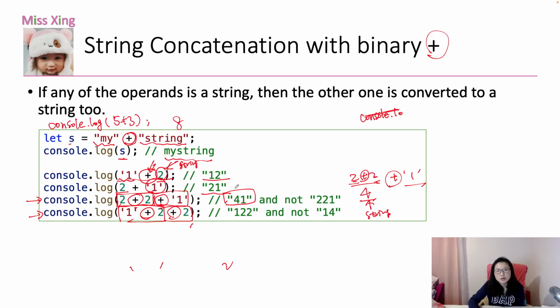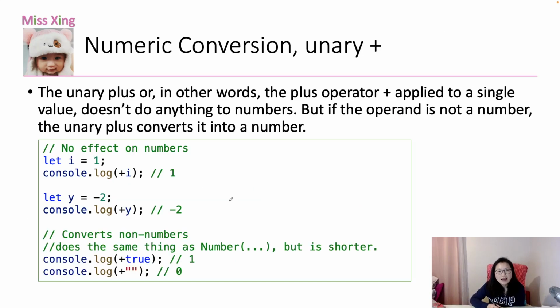Okay, string concatenation, and numeric conversion with a unary plus. Plus can be unary, which means it only has one operand. The unary plus applies to a single value and does not do anything to numbers. But if the operand is not a number, then the unary plus converts it into a number. Let's take a look.